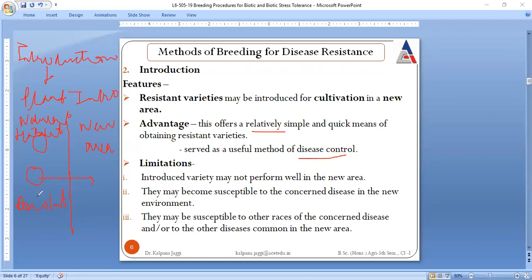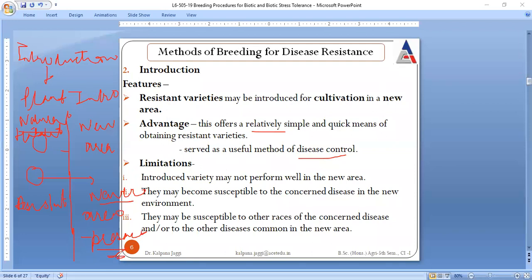Limitations means this: as I already said, this is the natural habitat of the variety. But whenever this variety is introduced to a newer area, there is for sure the presence of many other diseases, right?